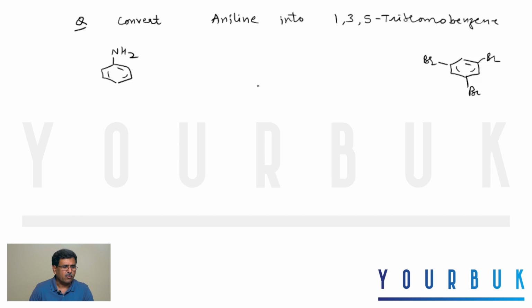So first we perform the bromination because we have to introduce 3 bromines, so we need some strongly activating group. NH2 group is strongly activating, so we perform the bromination first using bromine in water, in aqueous medium. So it gives 2,4,6-tribromoaniline. Now once this is obtained, the next step is how to remove this NH2 group. Now NH2 group can be removed via diazonium salt.